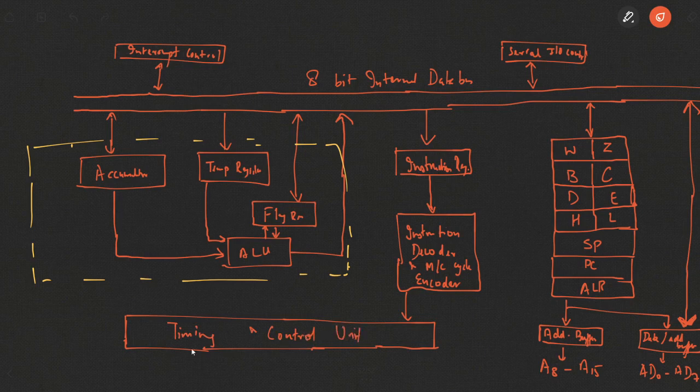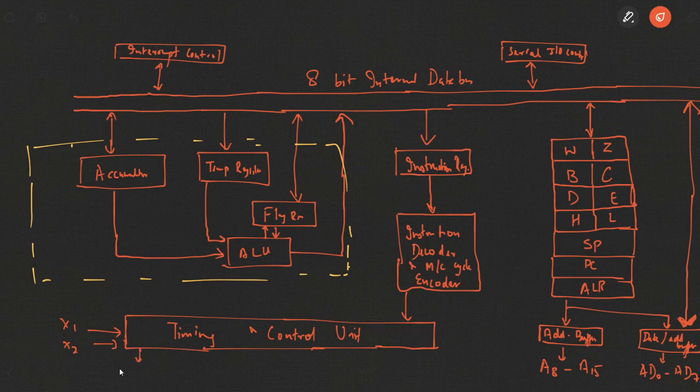So timing and control unit will consist of a number of signals. Firstly we have X1 and X2. As I said to you earlier also, the oscillator is connected to X1 and X2 pins of the microprocessor for setting the clock frequency of this microprocessor.